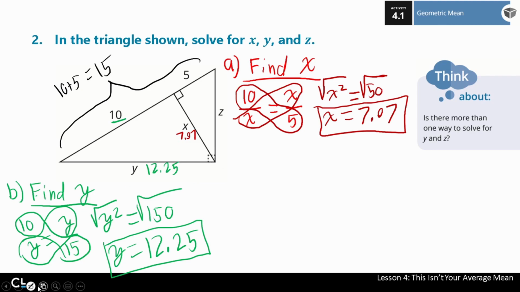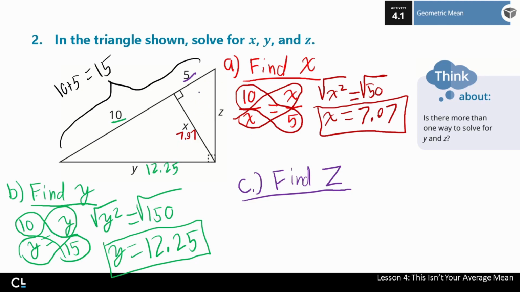And we still have one more thing to find out. We have to figure out z. So for part C here, we're going to find z. Ugh, that looks like a 2. Find z. There we go. That looks more like a z. And we're going to use the same idea that we just used, right?